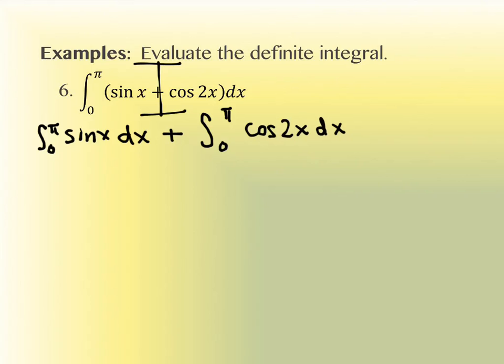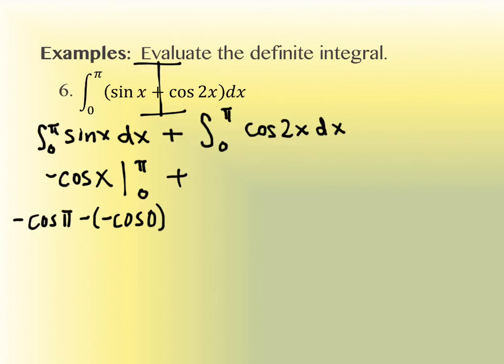All right, so then, what is the antiderivative of sine of x? You've got the negative in there, good. Negative cosine x. And it's going to be evaluated at pi and 0, right? Plus some other stuff. We'll get the plus stuff later. So I've got negative cosine of pi minus the negative cosine of 0.